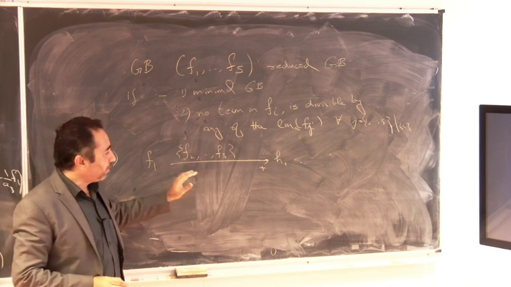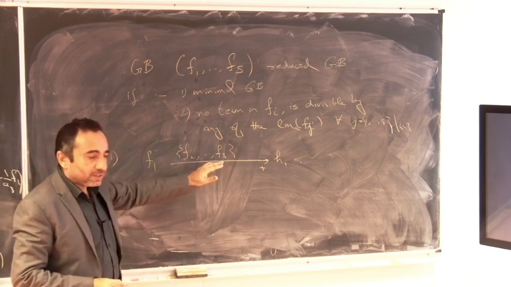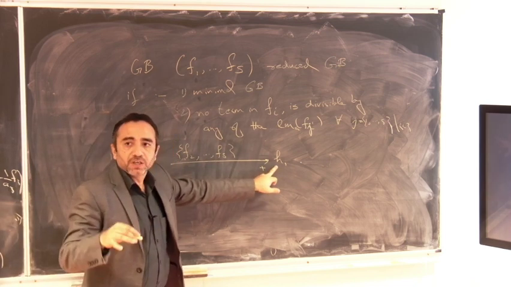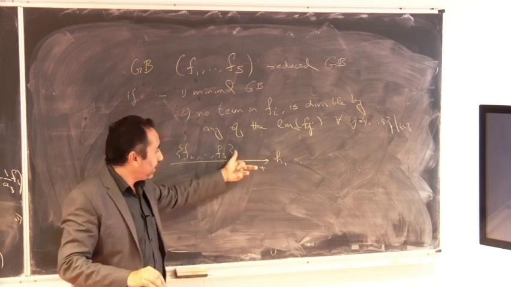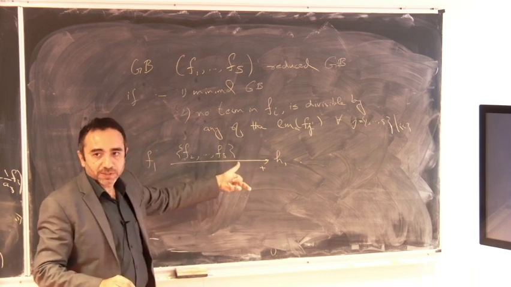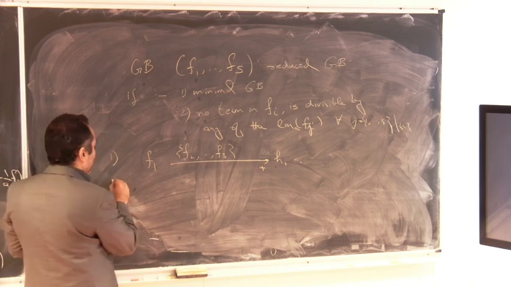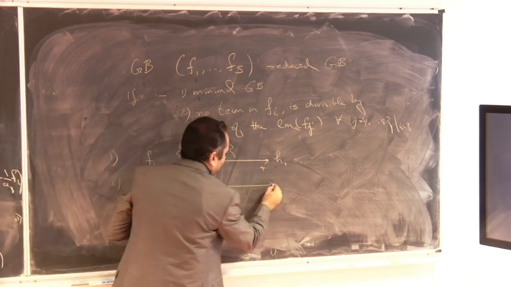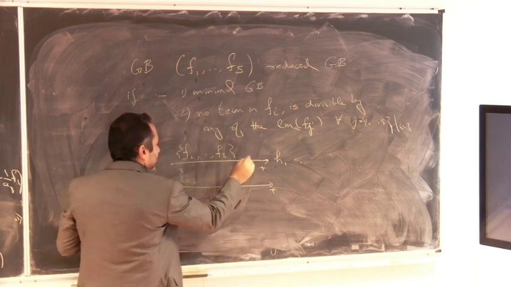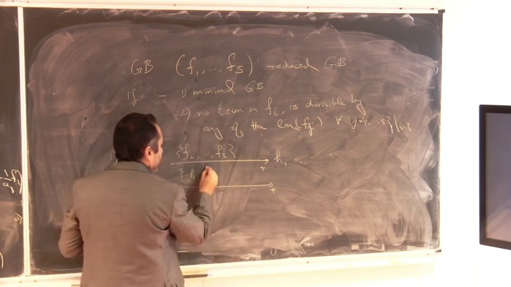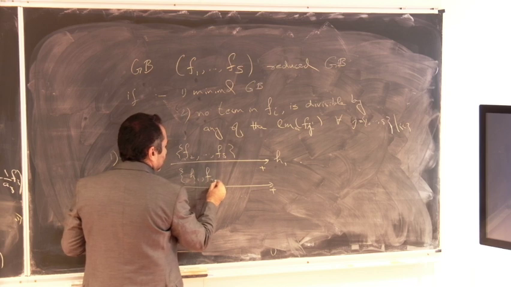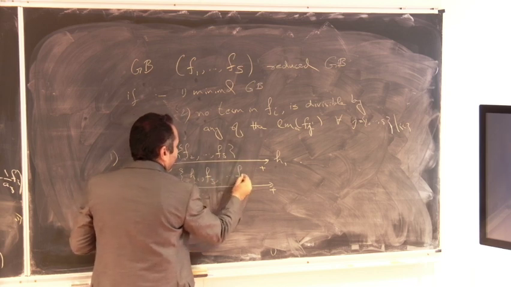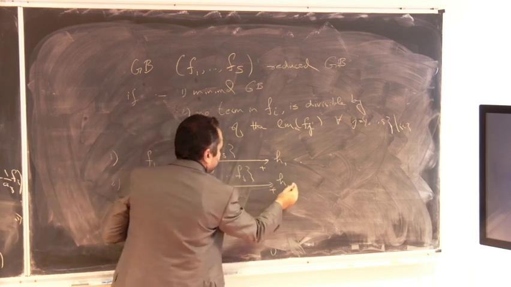And by definition, when we have this notation, that means this h1 will not contain any term which is divisible by any of the leading monomial of this f2 up to fs. In the next step, you will apply this f2, same thing, but now you are going to divide it with this h1, f3, so on, fs, and you get this new h2.